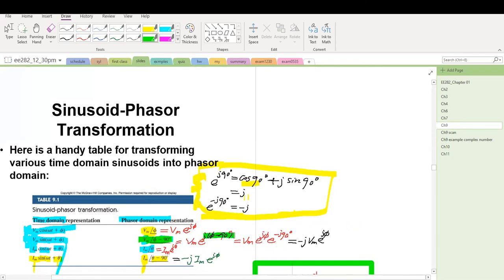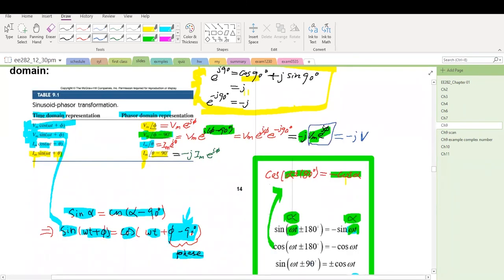Then we can break this power up: that equals e to the power j phi multiplied by e to the power minus j 90 degrees, which equals minus j Vm e to the power j phi. And this portion is the phasor V. So this equals minus j times the phasor V, where V is the phasor of Vm cosine omega t plus phi.